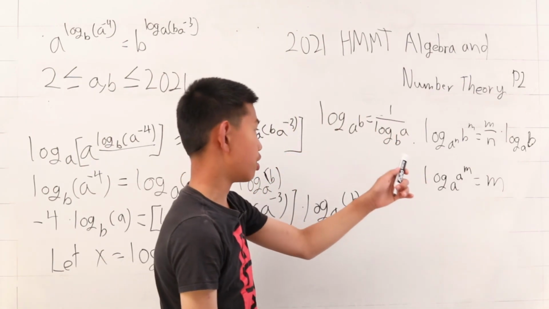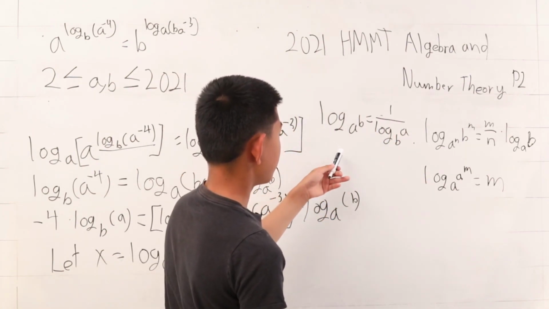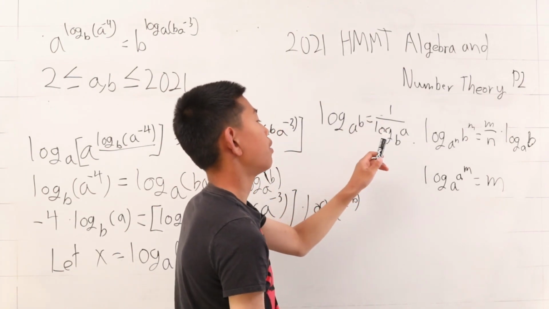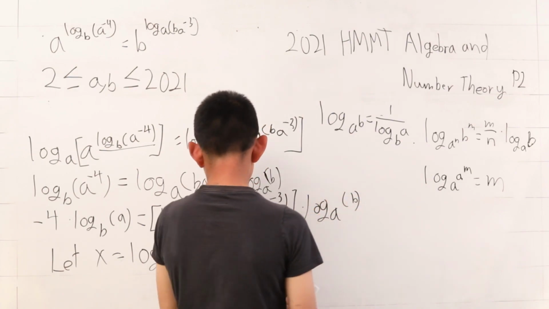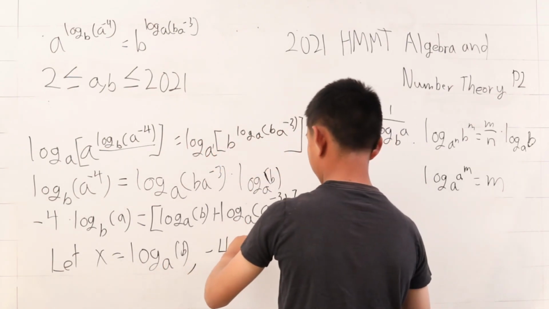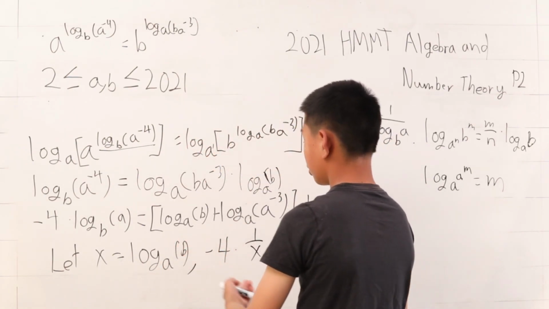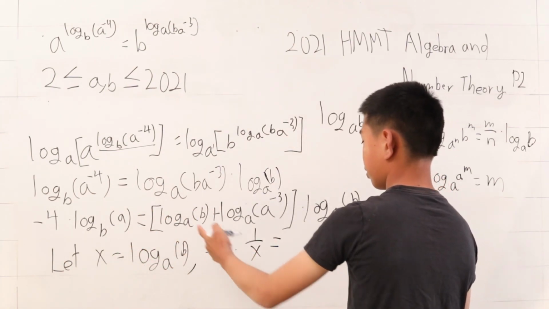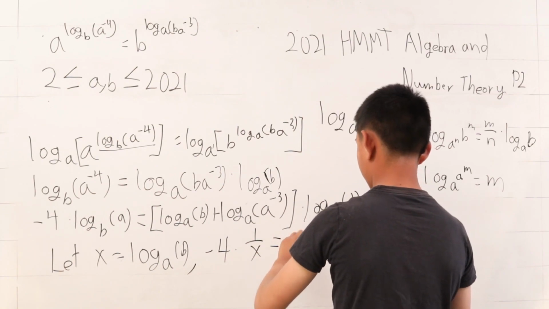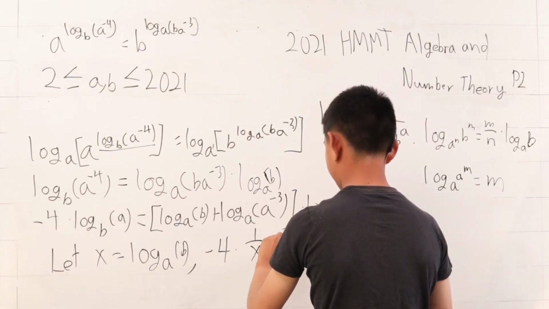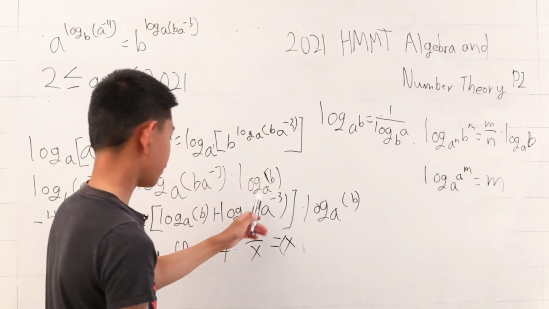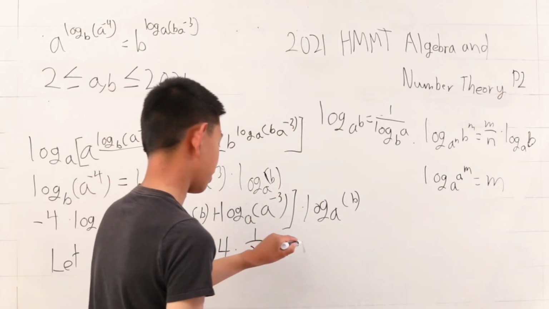That's where our third equation comes in. It states that log base a of b is equal to 1 divided by log base b of a. So now this is just 1 over x, since those swap. And this is x here, x in the parentheses.